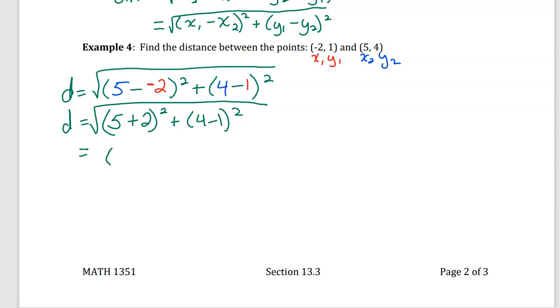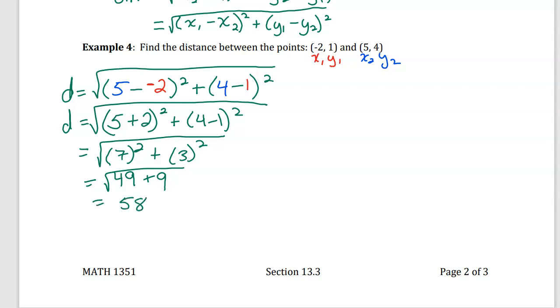So I have 5 plus 2, which is 7 squared. 4 minus 1 is 3 squared. 7 squared is 49. 3 squared is 9. 49 plus 9 is 58. So I have the square root of 58.